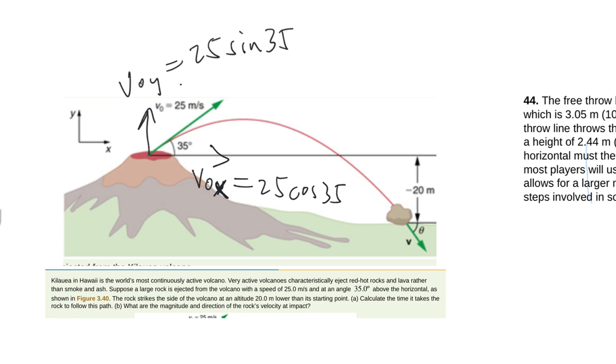Okay, so the Y component is 14.3, and the X component is 20.5. Okay, I know AX is 0. I know AY is negative 10.